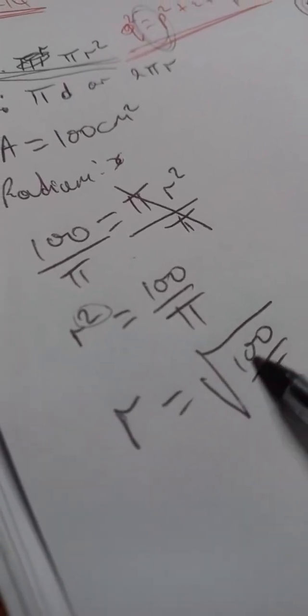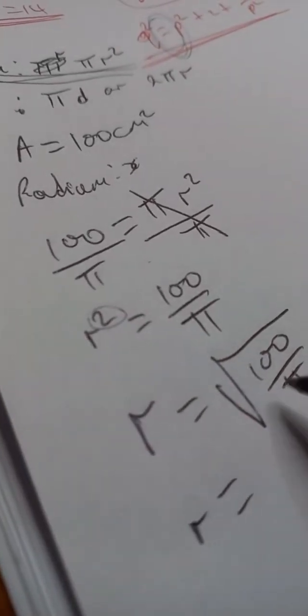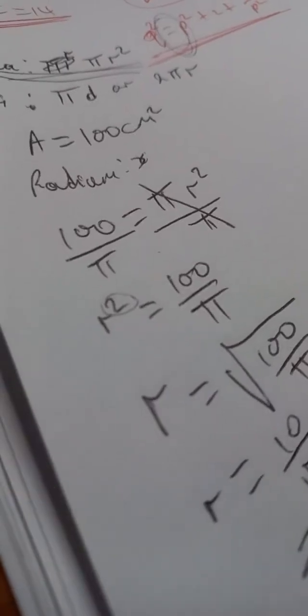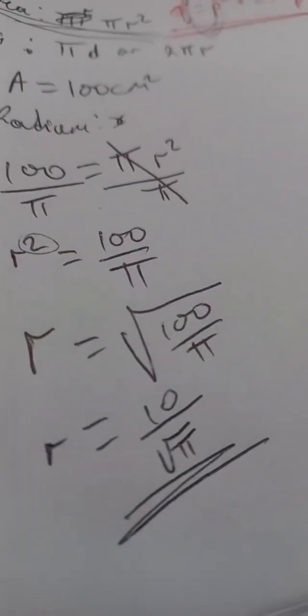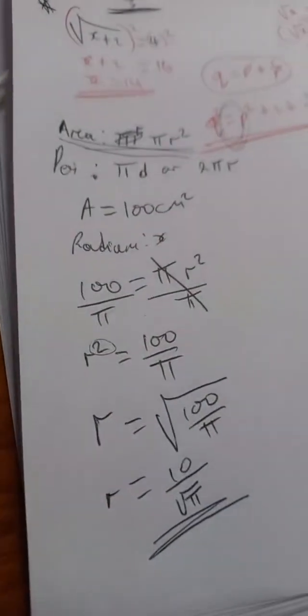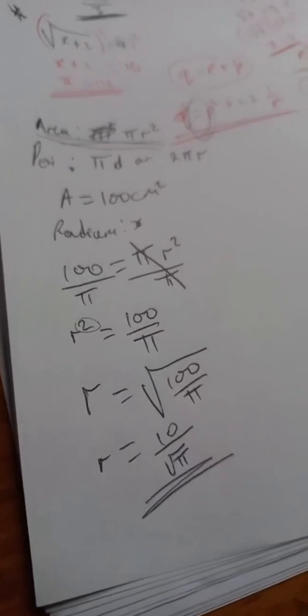Square root of 100 is 10, right? R is equal to 10 over square root of pi. Like this, in surd form.